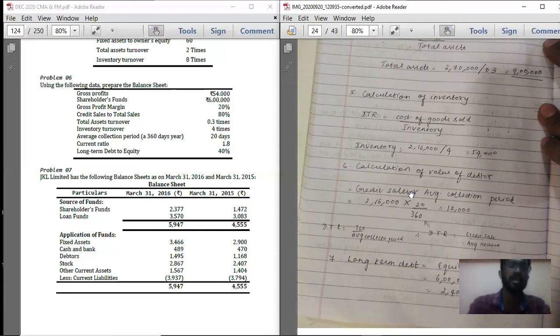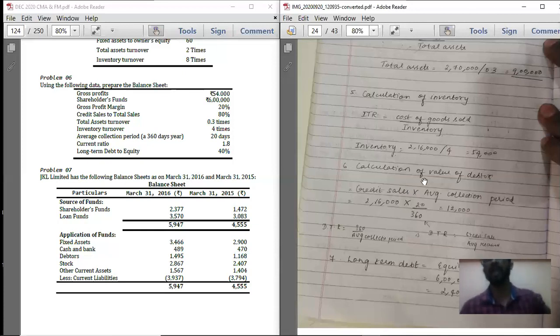When we take the reciprocal, the 360 becomes the denominator and the average collection period becomes the numerator. So 2,16,000 into 20 divided by 360 is equal to 12,000.